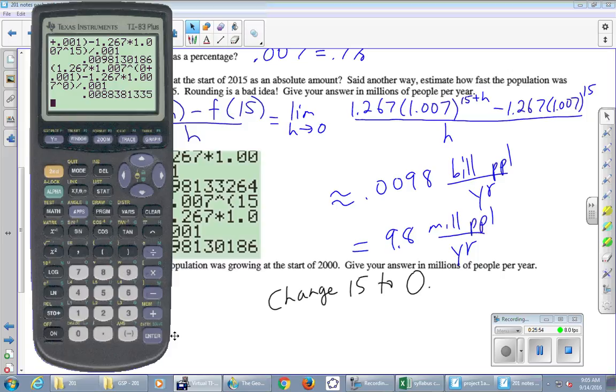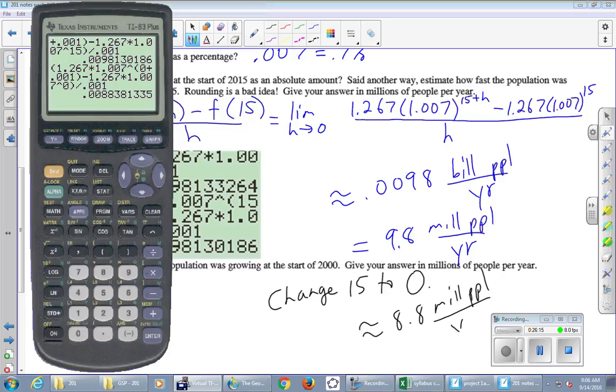About 8.8. Does it make sense that it was growing slower in 2000? Yeah, because it was a smaller population to start with. So about 8.8 million people per year. So approximately 8.8 millions of people per year.